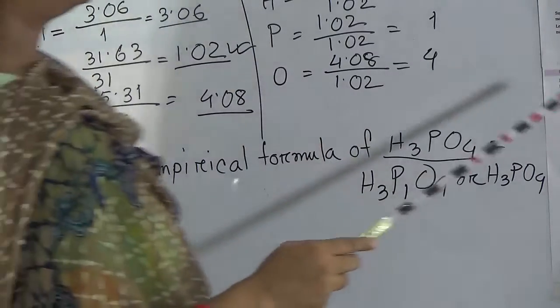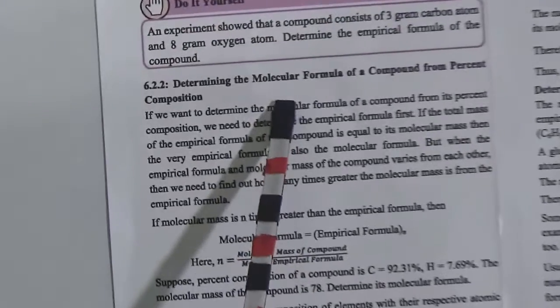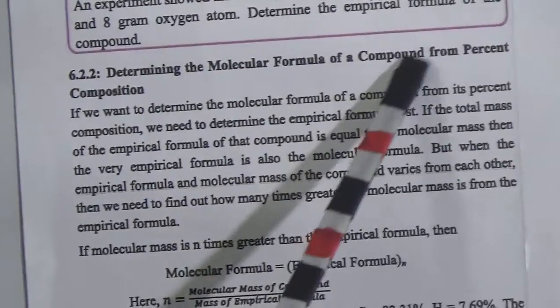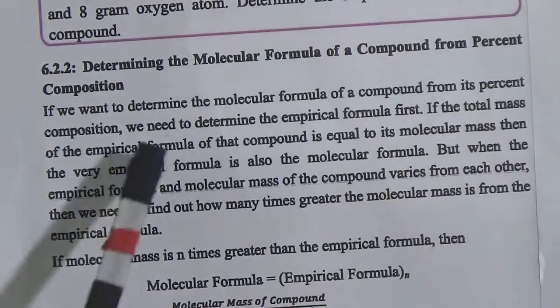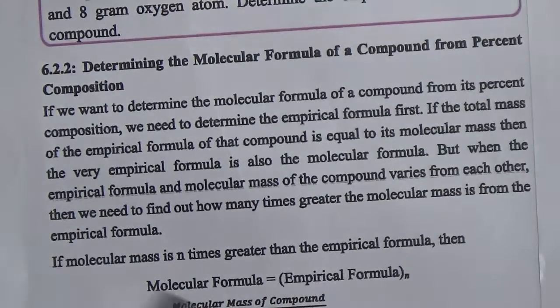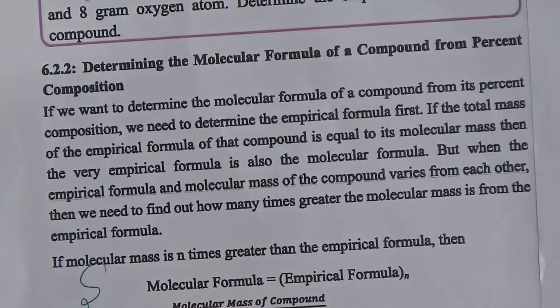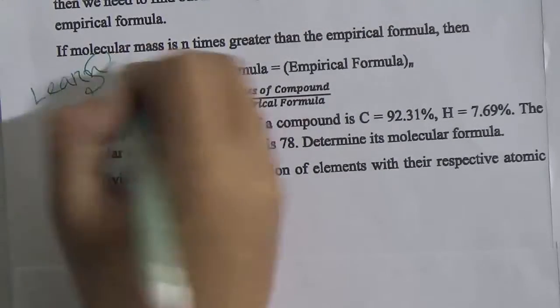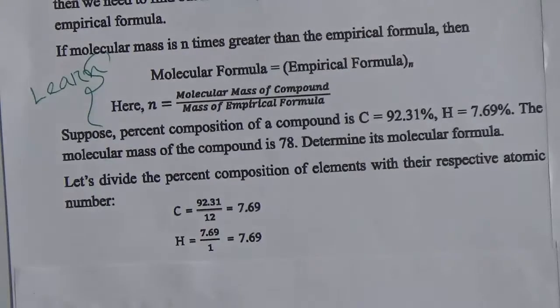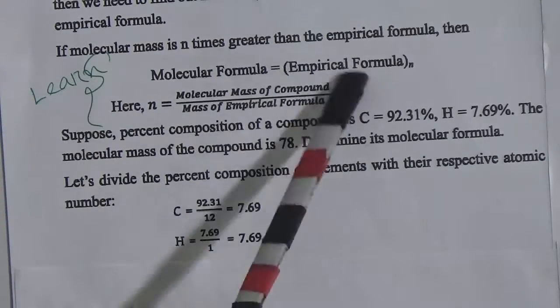Now come to the next lesson, that means determining the molecular formula from the percent composition, and here is the system for how we will find the empirical formula and then, from the empirical formula, the molecular formula.